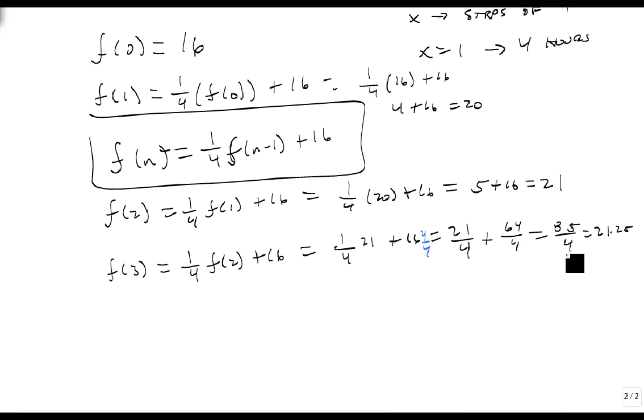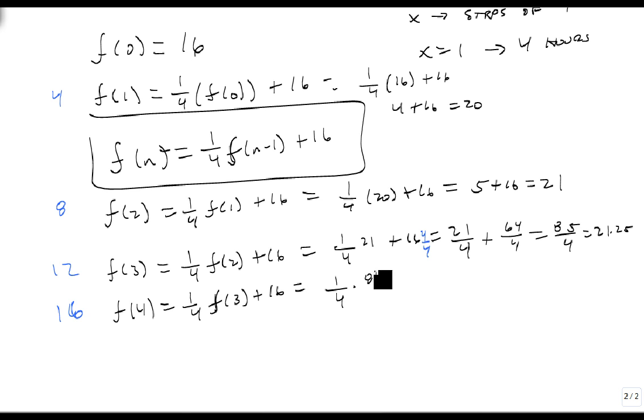We'll leave it as 85 over 4 for now, but that's what we have. And then f of 4, so this was the 4-hour mark, this is the 8-hour mark, 12-hour mark. We're now working on our 16-hour mark, and we get 1/4 of f of 3 plus 16, which is 1/4 times 85 fourths plus 16.